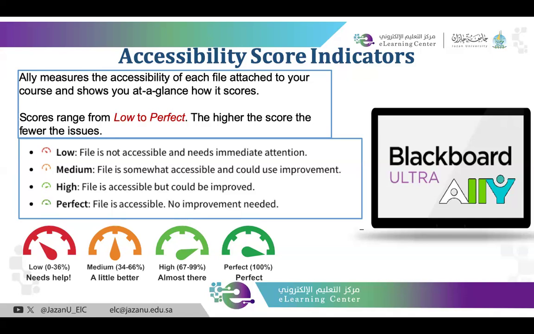And if it's perfect, totally green, 100%, the file is accessible and no improvement is needed. So these are the indicators: 0 to 33% is low, 34 to 66% is medium, 67 to 99% is high, and perfect is 100%.